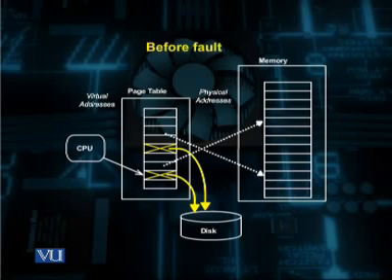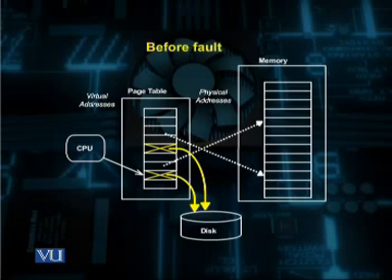The lookup table contains the location of the page or segment on the disk or in the main memory. And the hardware converts the virtual addresses to the physical addresses, whereas the operating system manages the lookup table.